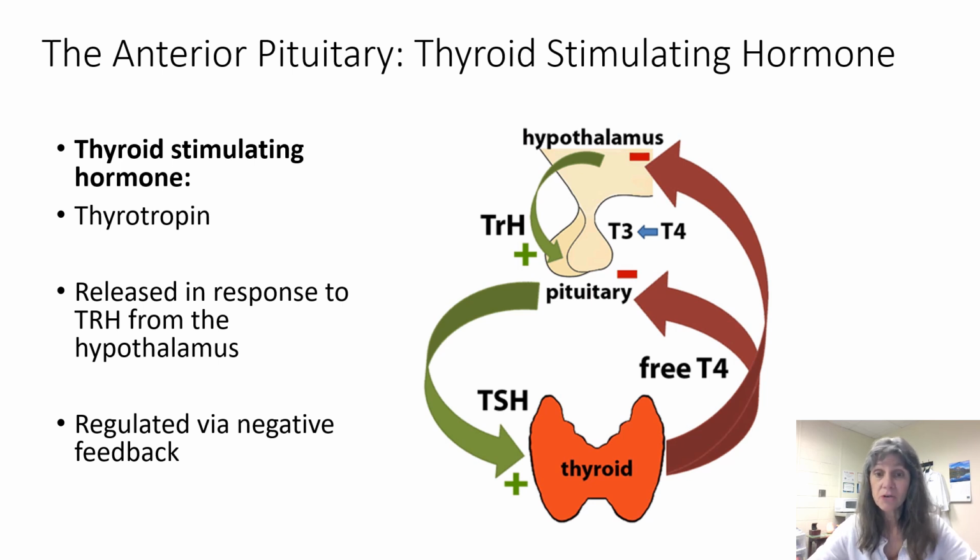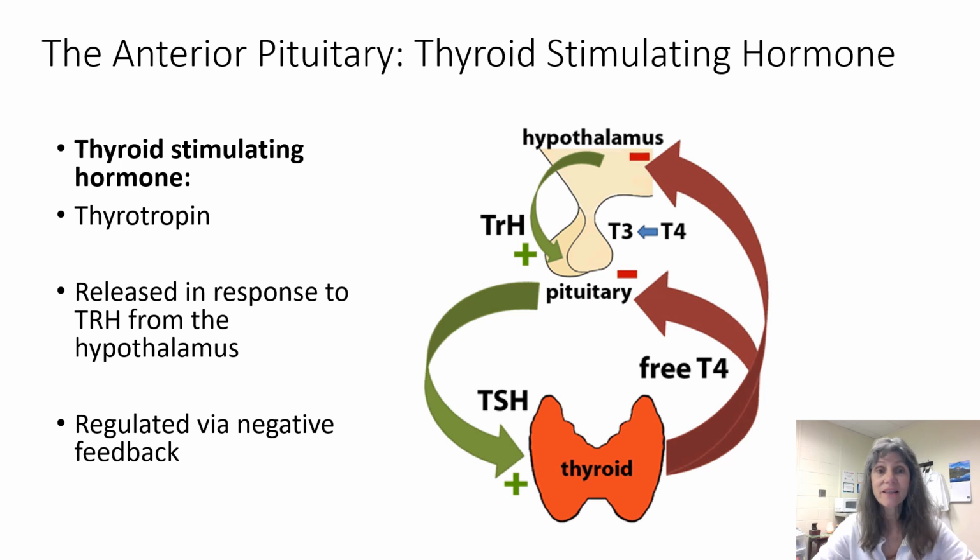And those hormones, when they're released from the thyroid gland, are going to circulate back to the hypothalamus and to the anterior pituitary in a negative feedback mechanism to regulate the thyroid releasing hormone that's coming from the hypothalamus.